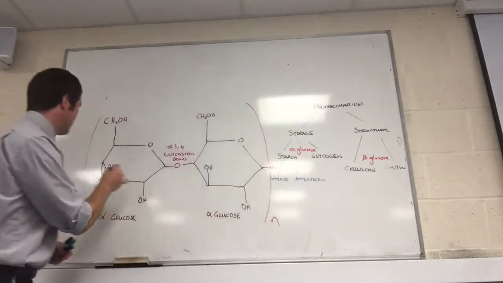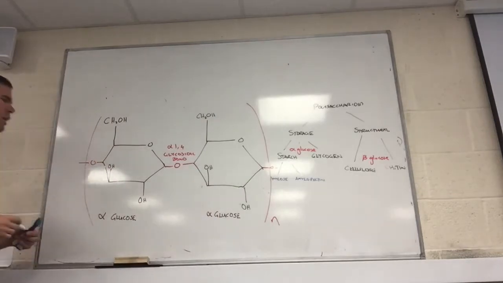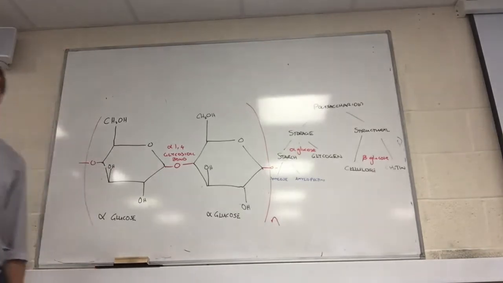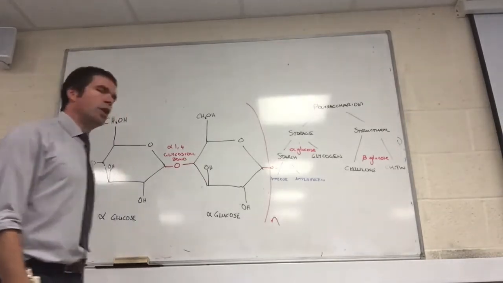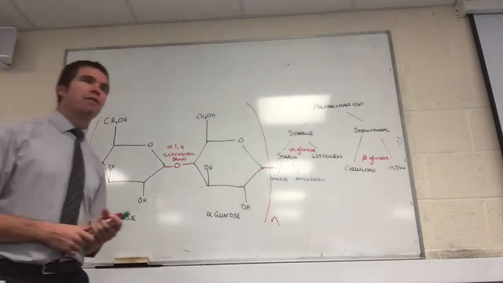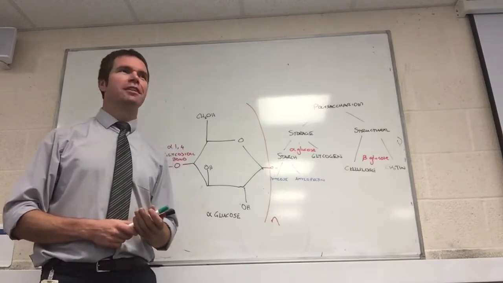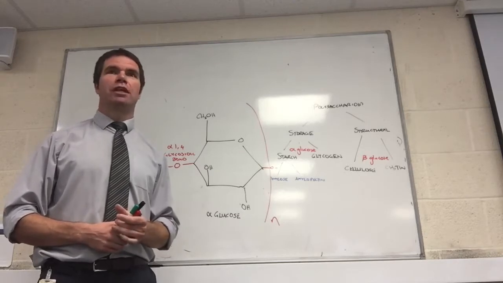That's going to be bonded to another one, and this oxygen here is going to form part of the glycosidic bond to another one. That's amylose: a long chain of alpha glucose molecules bonded through 1,4 glycosidic bonds only. The fact that I say only implies what? They go into amylopectin. So amylose only had 1,4 glycosidic bonds.